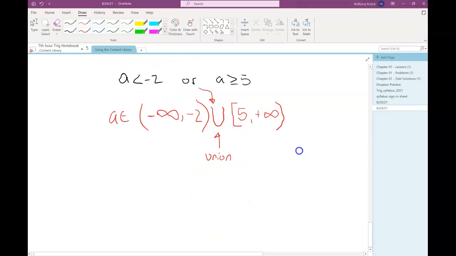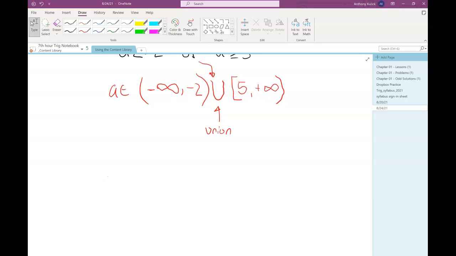All right, cool. Let's talk about some domains specifically, since now we've talked about how we're going to write our sets. And here we're going to see a concept that we don't really talk about in our Algebra 2 class, at least directly.